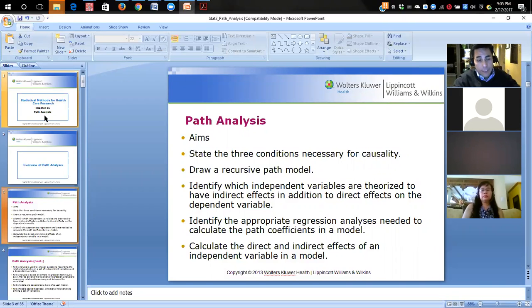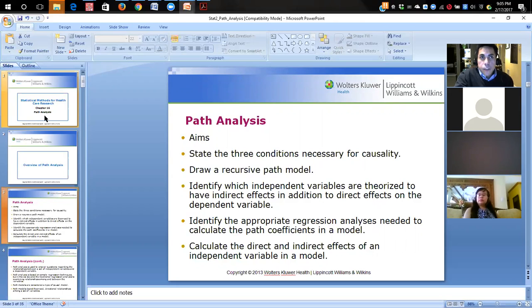We said that there has to be observable measurement. And then number two, there should be temporal ordering. And then number three, I'm trying to remember the third condition of causality.